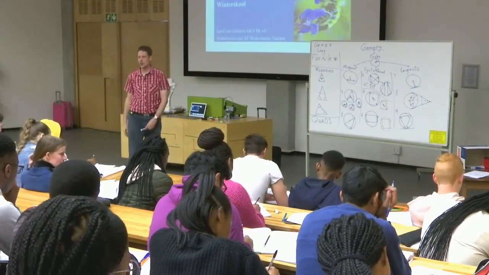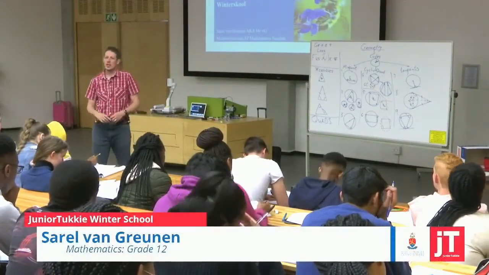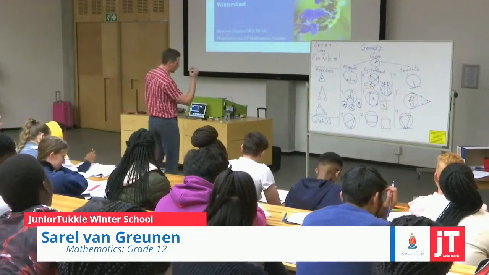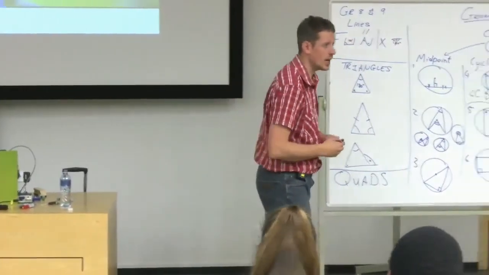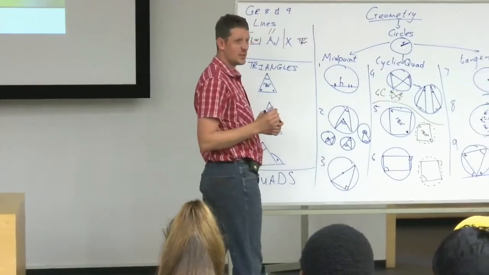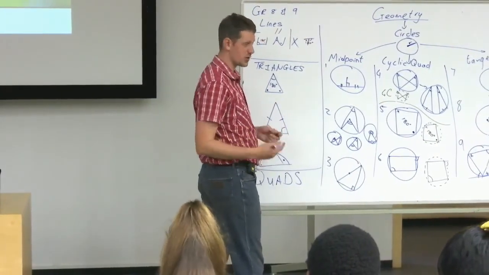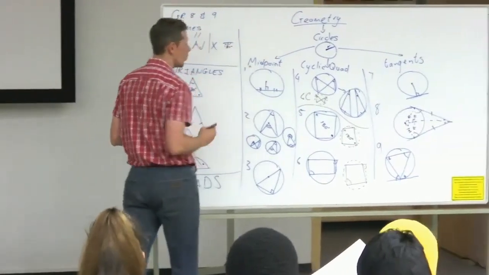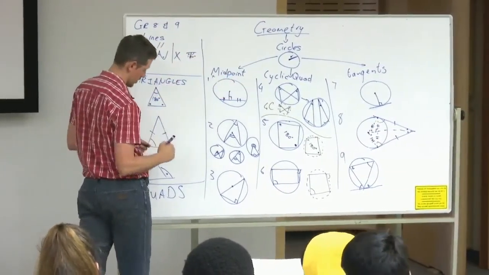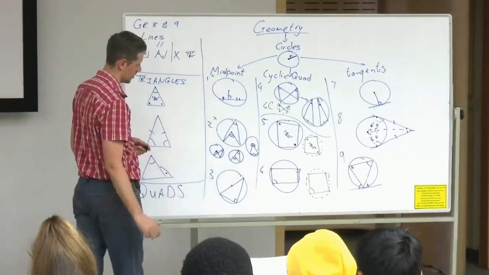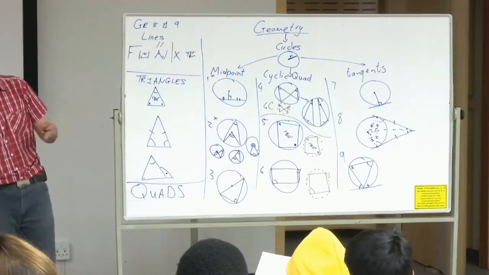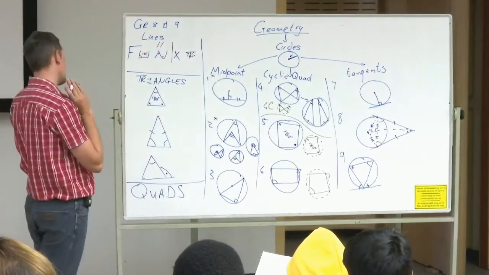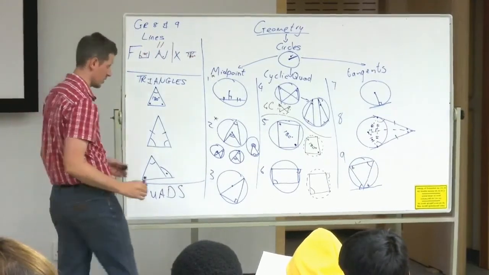And that, ladies and gents, is all your grade 8 to 11 geometry, except now for quads and congruency on one board. Now I'm going to quickly, for those of you pressed for time when you study for exams, highlight a few that you have to know the proofs of. You've got to know theorem 1 and its converse. Theorem 2. So all the ones with stars, you have to know their theorems.